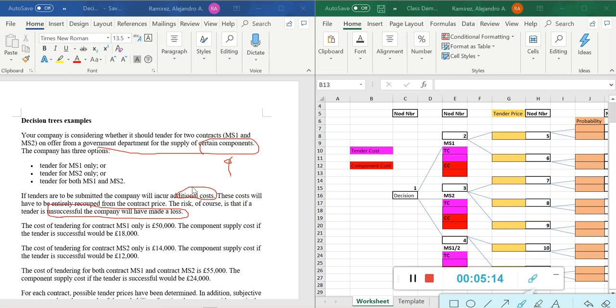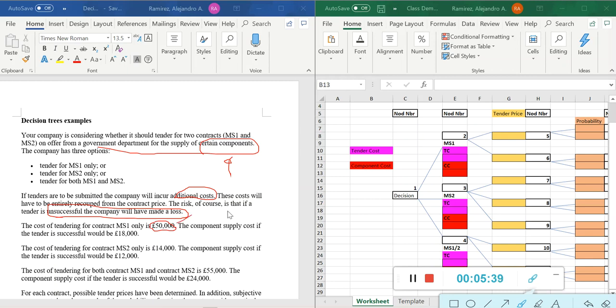Okay. So that means, for example, let's look at this one, the cost of tendering for applying for contract number 1 is I have to put £50,000 in advance. So that means if this contract happens or not, I'm still gonna lose £50,000.